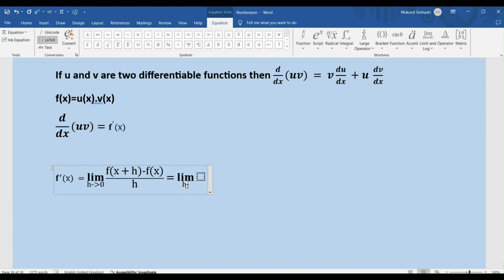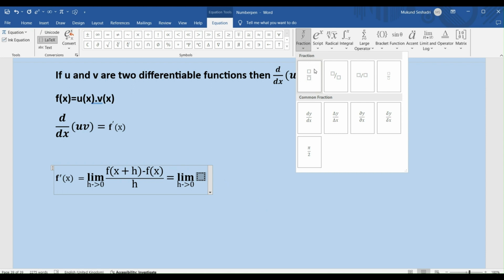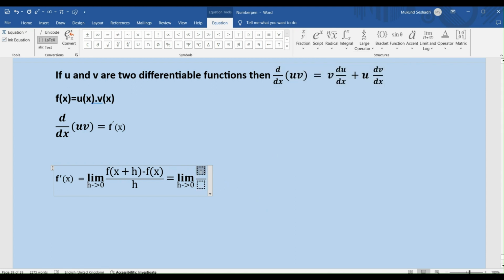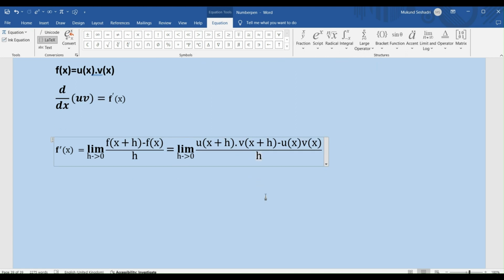My f of x plus h is nothing but, when my f of x equals u of x into v of x, then my f of x plus h is nothing but u of x plus h into v of x plus h, right? And my f of x, we know that it is equal to u of x into v of x, right? And I still have my h in the denominator. So now, what is it that we can do, right?